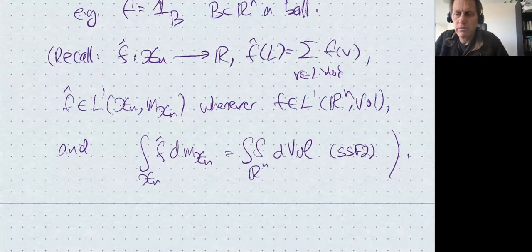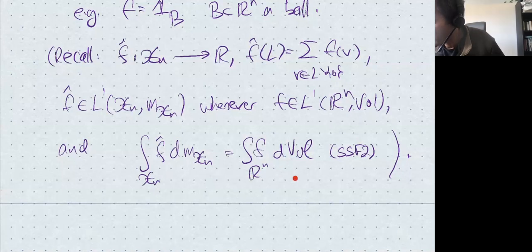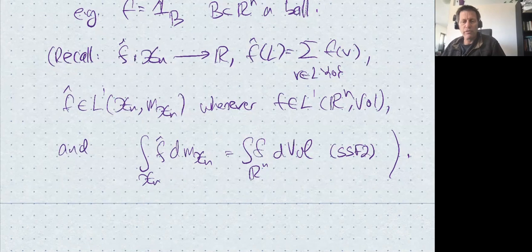So again, this is our random variable that we want to understand. And the right-hand side of this formula is the expectation of this random variable. And we'd like to know whether there are functions for which this random variable is much larger, or much smaller than the average.